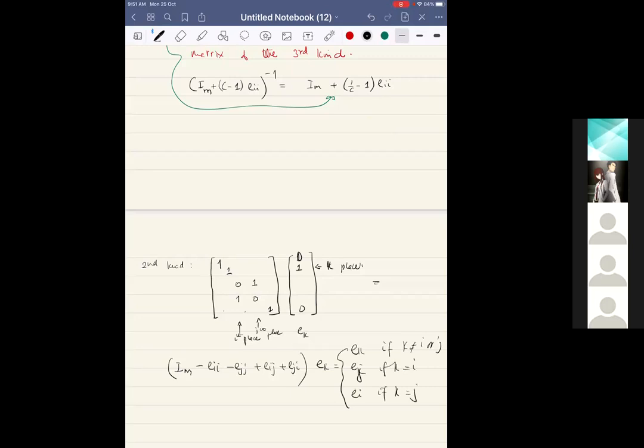Does everybody agree? So what this matrix does is it leaves all the basis vectors alone unless one of them is e_i or e_j, and when it hits e_i, it spits out e_j, and when it hits e_j, it spits out e_i. It interchanges the two basis vectors, the jth basis vector with the ith basis vector.